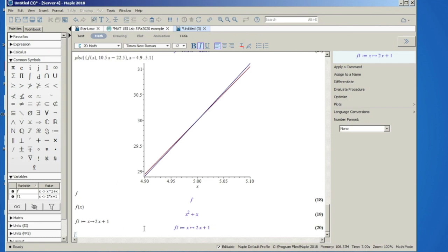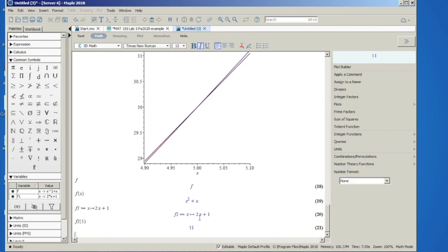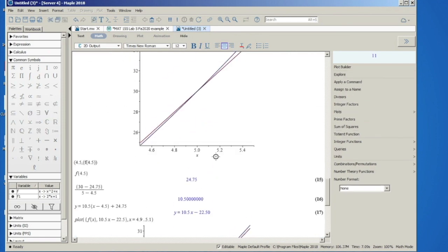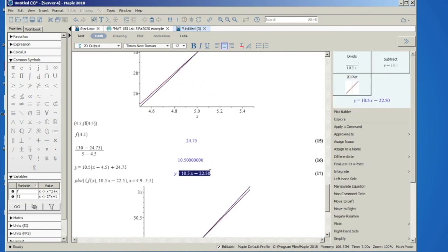So we get 2x plus 1. If I want to figure out what the value of the derivative is at x equals 5, I just plug in 5. By the eye test, you could see that it's going to be 11, because 2 times 5 is 10, plus 1 is indeed 11. But if you notice, our approximation was very close to 11.